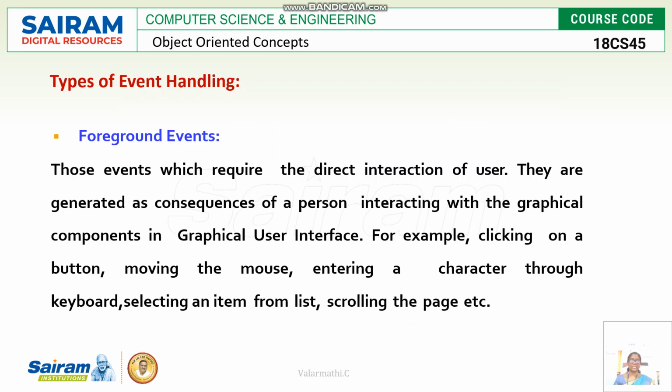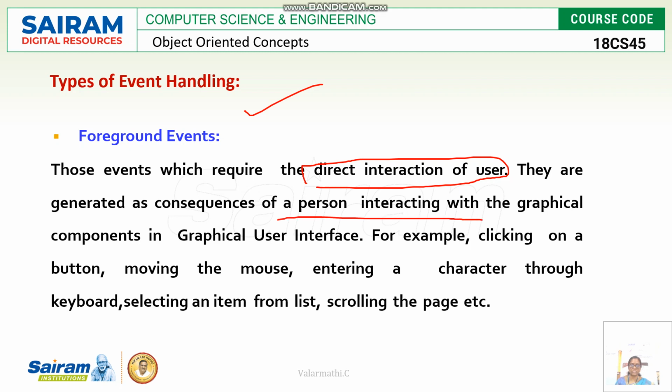What are the major types of event handling performed in Java? There are two types: foreground events and background events. Foreground events require the direct interaction of the users. They are generated as a consequence of people interacting with the graphical components in a graphical user interface, that is a GUI environment.